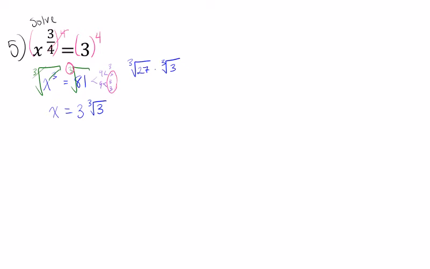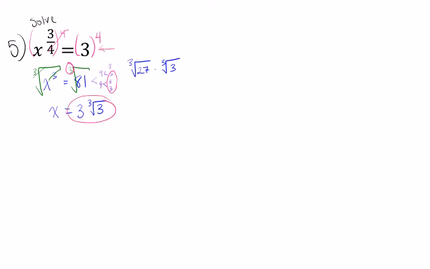All right, now we do have to check for extraneous solutions because we did raise both sides to the 4th power. So we really want to make sure that if we put this in for x, it will result in that.